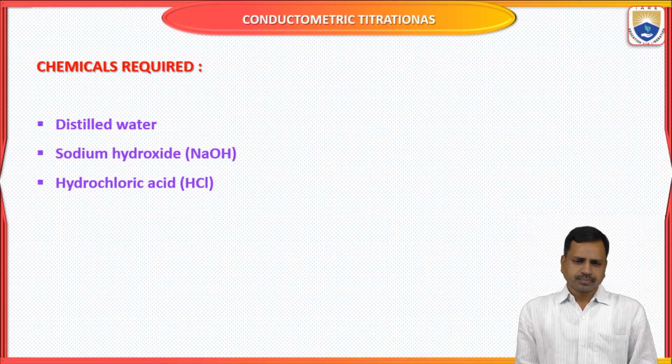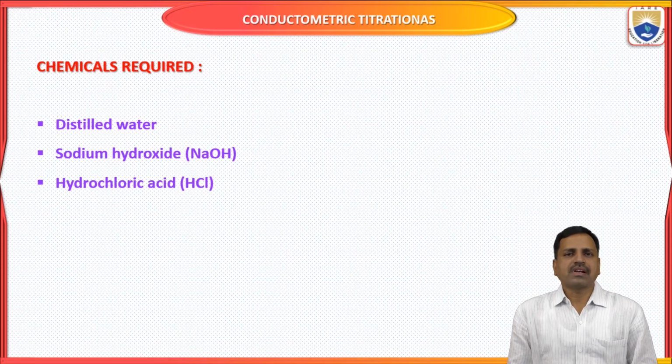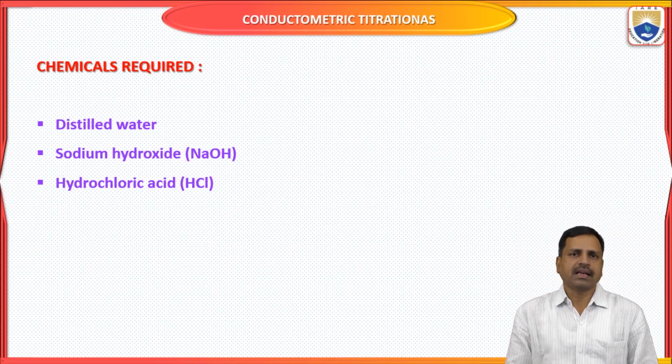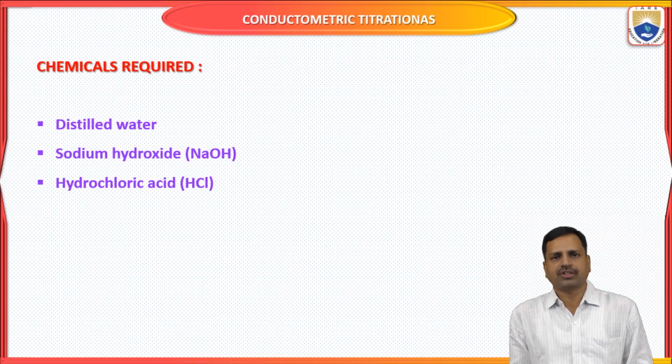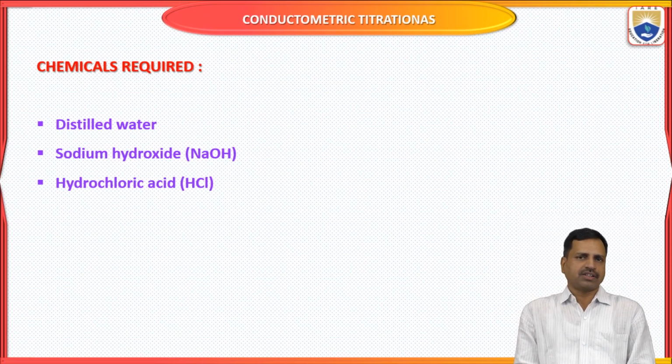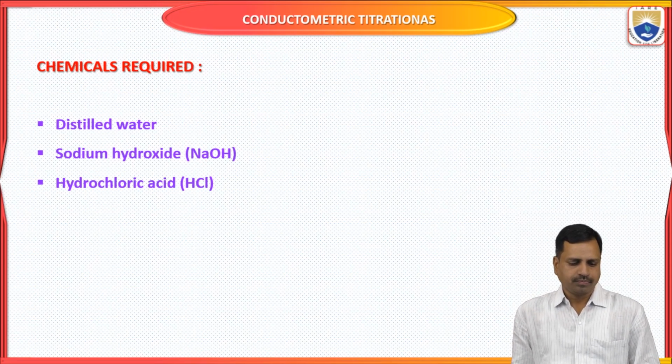We know that solutions conduct electricity based upon the movement of ions. Whether the solution is in an acidic state or in a basic state, it may conduct electricity. The solution which is in a neutral state does not conduct electricity because there is no movement of ions.